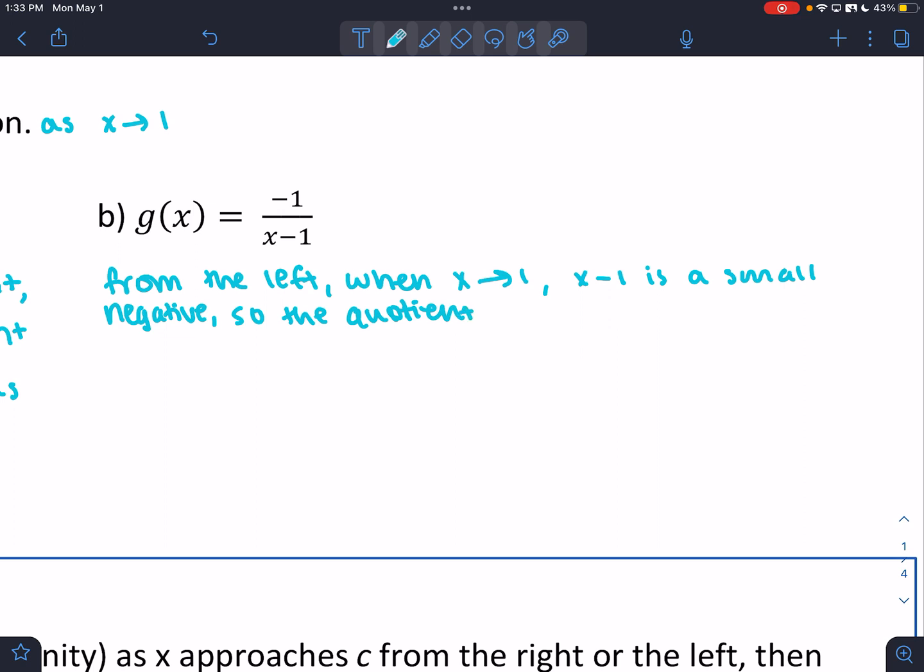Small negative, large positive. And from the right, it's the opposite. So when x approaches 1, x minus 1 is a small negative. I don't know why I wrote out the word positive. Small negative, and the quotient is a large negative.